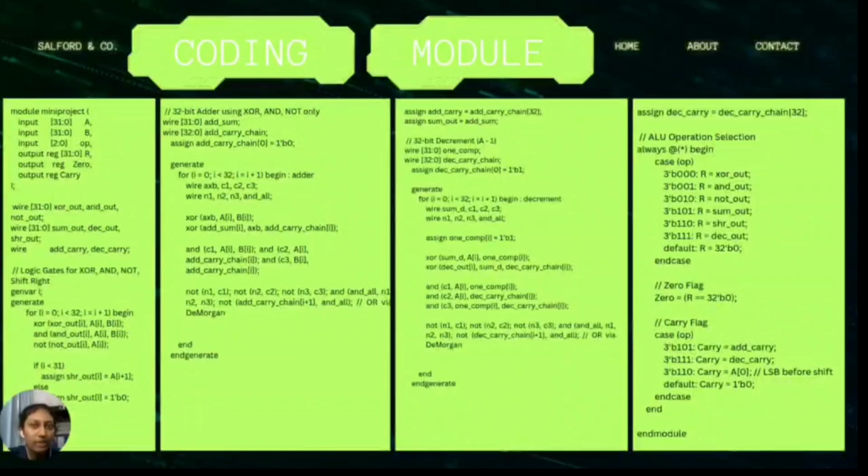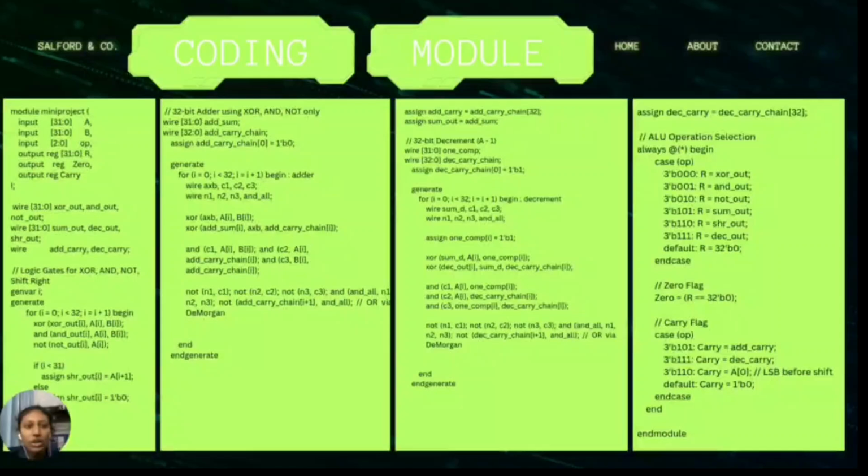AXB is A XOR B, and then there's C1, C2, C3, which is an AND term of the carry flag. And then next we have wire of the OR. It's a NOT, but then it's an OR implementation where N1, N2, N3.